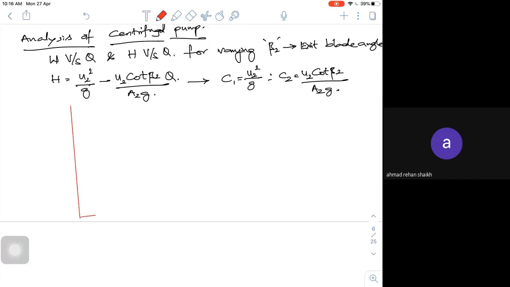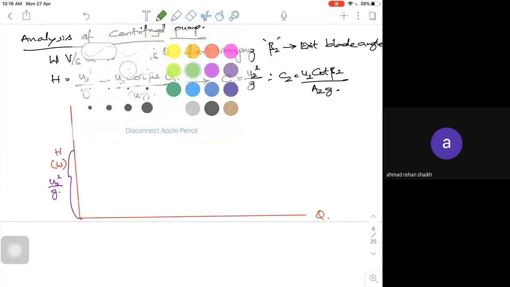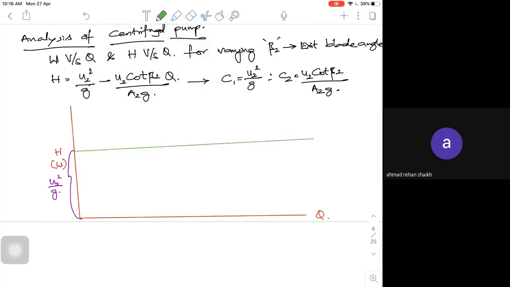So I have Q and either W or H. All your plots will start from U2 square by G. If it is a radial vane, it is for beta 2 equal to 90.